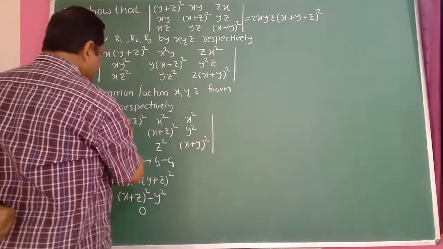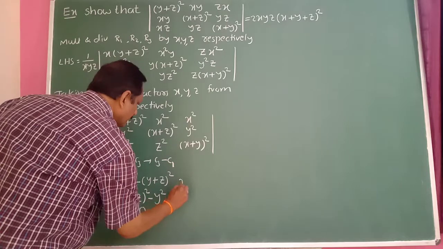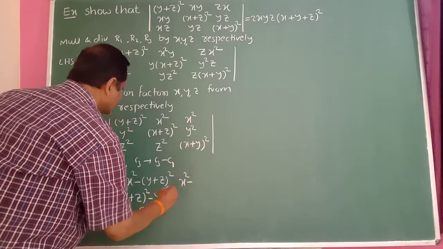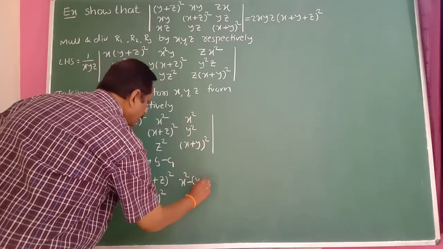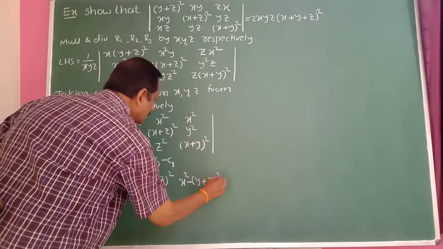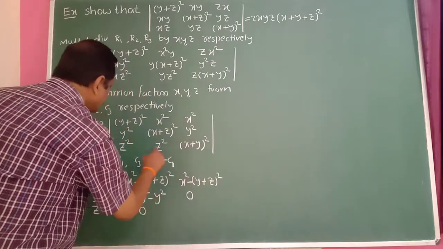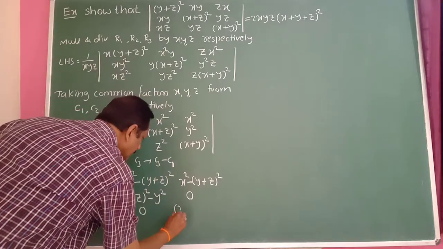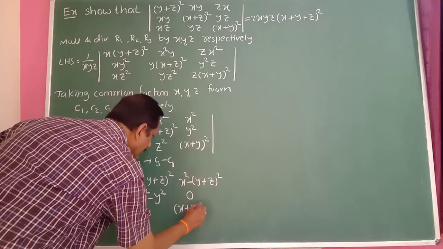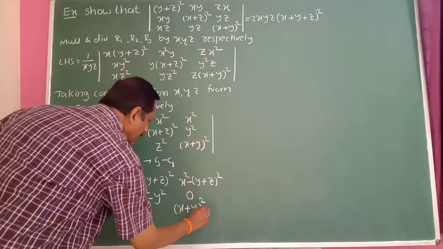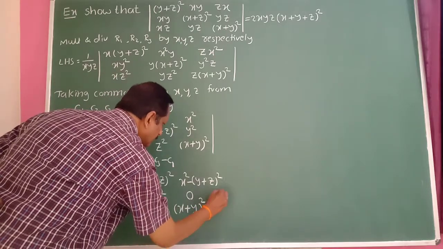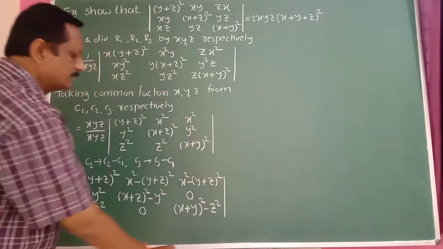Then this minus this: z square minus y plus z whole square, x square minus y plus z whole square, y square minus y square is 0. Then this minus this: x plus y whole square minus z square.